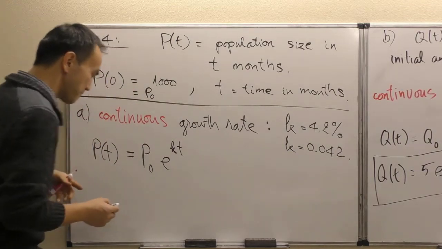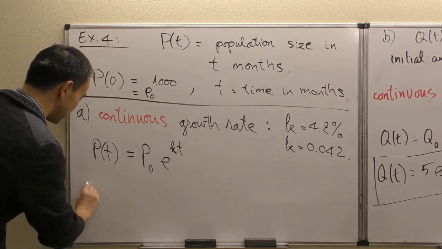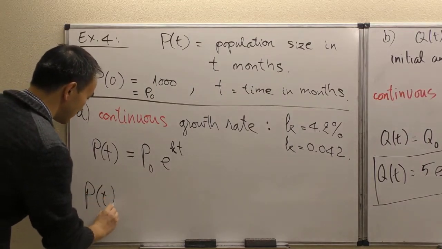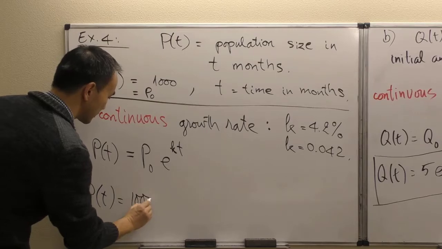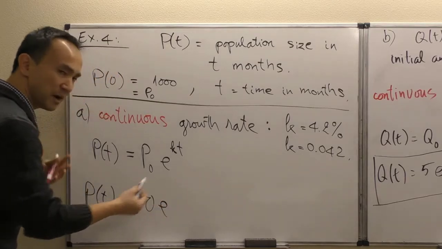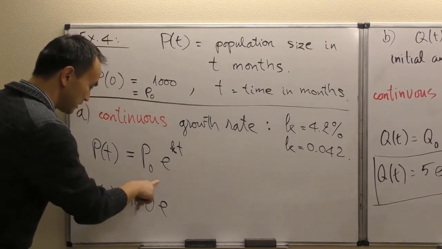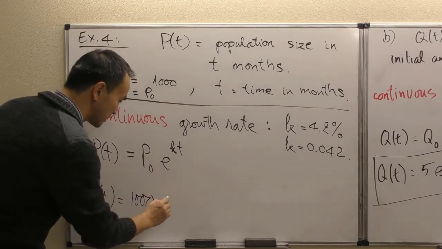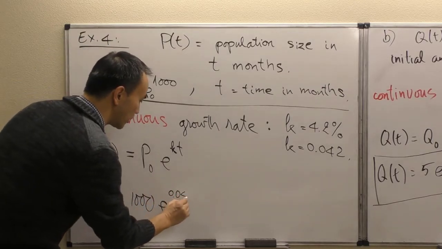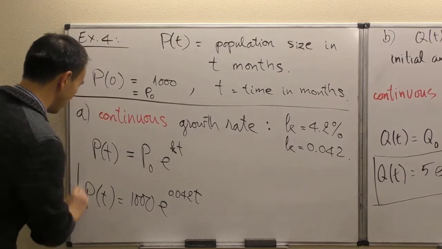So now we're ready. Here p of t turns out to be 1,000 ants, but some t months later, it's going to rise by this model: 1,000 times e to the 0.042 t. We're done.